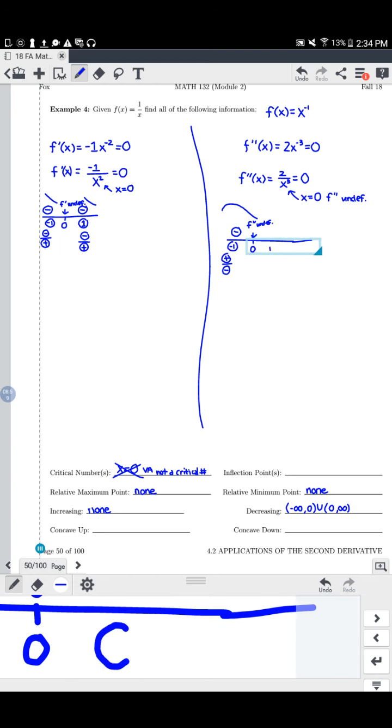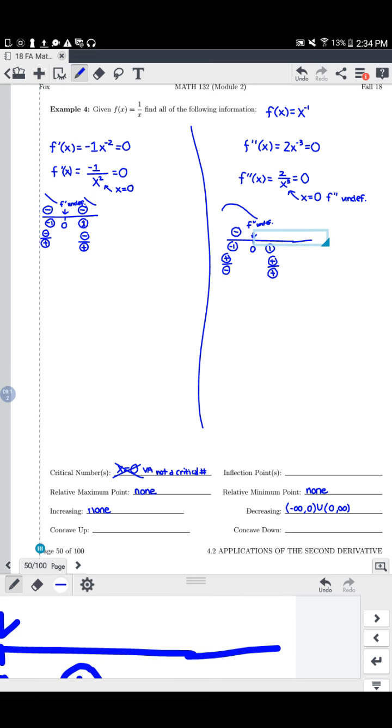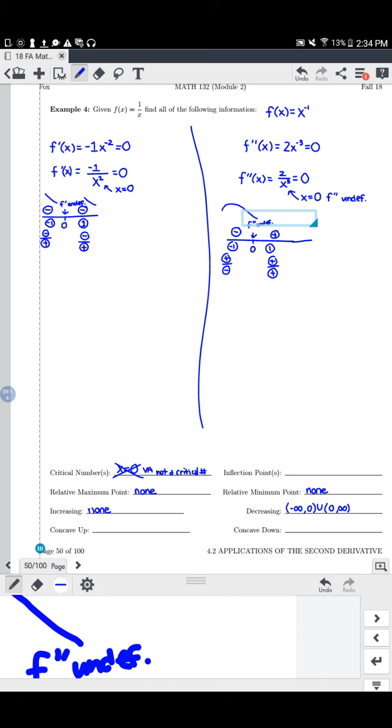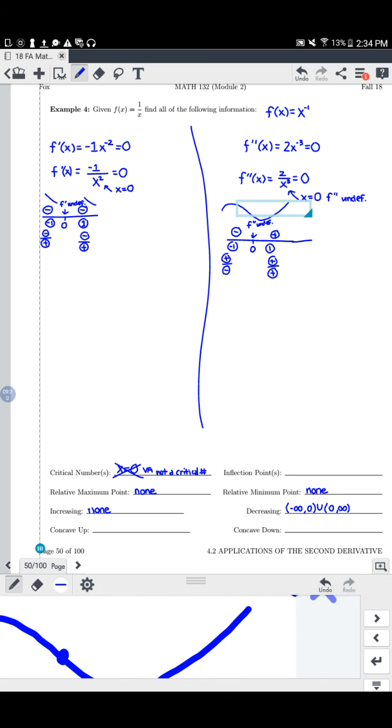Maybe I'll just plug in positive 1. This is my random test value. The numerator is still 2, and the denominator is 1 cubed, which is 1. So I have a positive divided by a positive. Hey, we have a switch in concavity. We went from concave down, and we switched, and we're going to be concave up. So it looks like I would have a point of inflection here because I changed concavity.